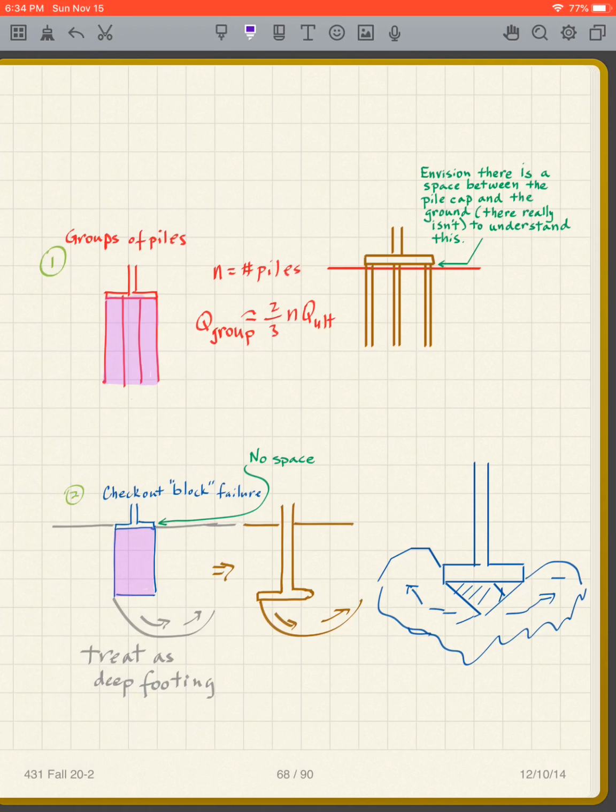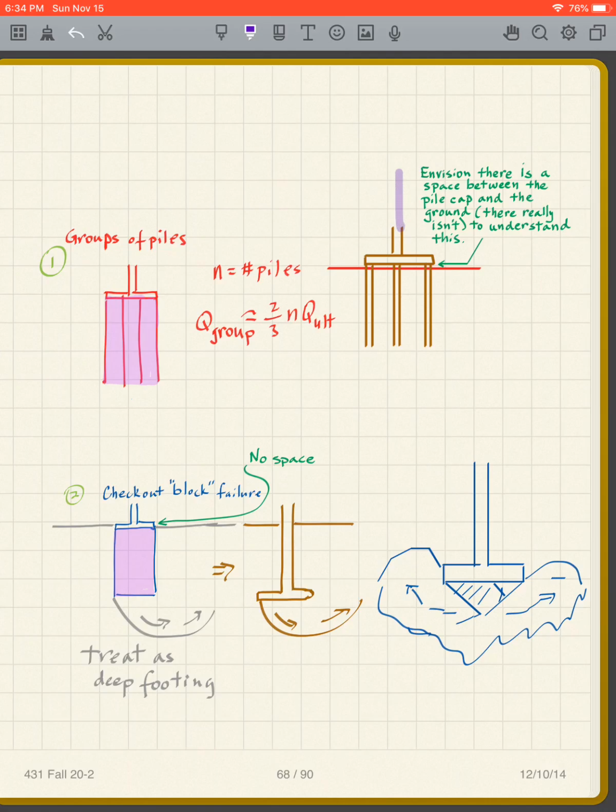Okay. Now, what we didn't take into account a little bit is this. The way I want you to envision our issue is that there is a little space down here. In other words, I don't put my pile cap all the way to the ground, and instead I just get a little space.